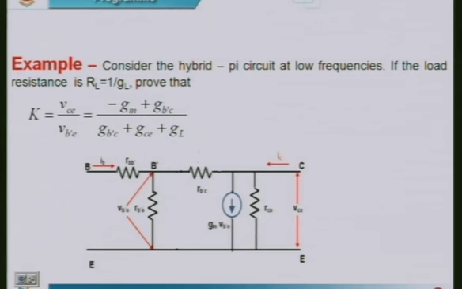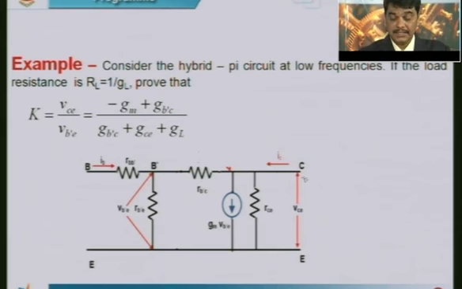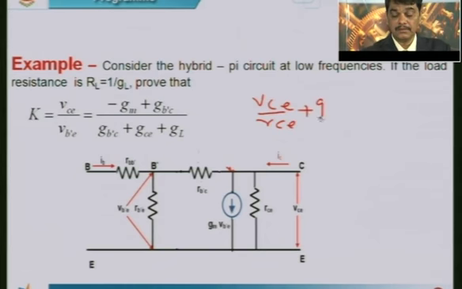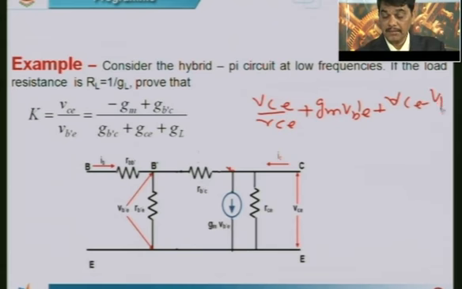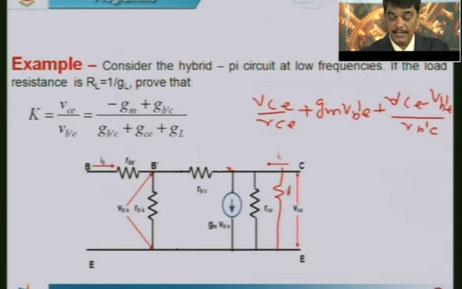For this we apply KCL at this point. By nodal analysis, we get VCE by RCE, plus the current flowing through this branch, which is GM into VB'E, plus the current flowing through this branch, which is (VCE minus VB'E) divided by RB'C, plus, if you connect a load resistance RL, the current flowing through it is VCE by RL, and this is equal to 0.